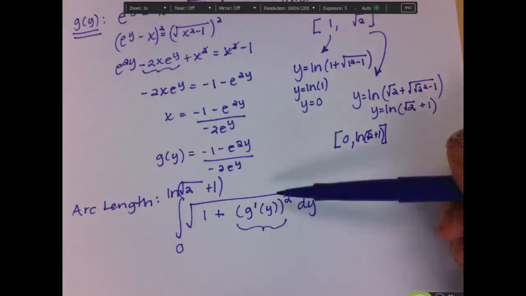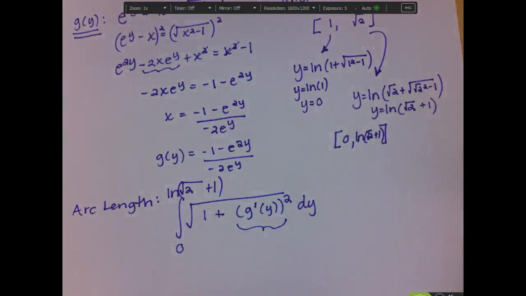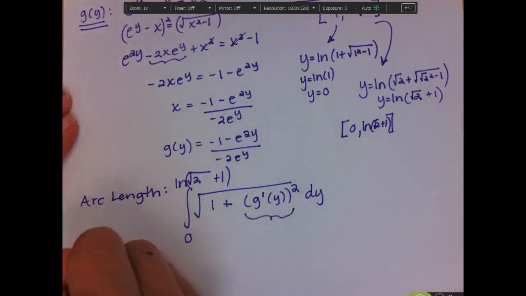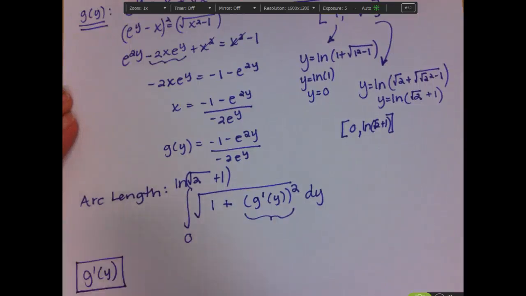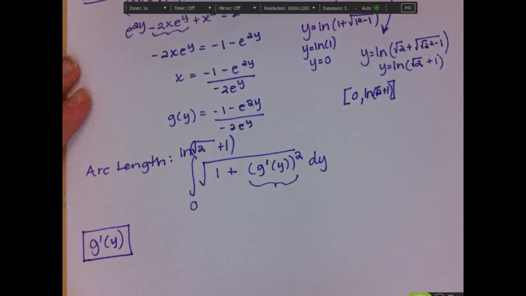Once I do that, I'll plug it back in here, add the 1, simplify, and take the square root of the whole thing. It's certainly not an easy process, but we'll get to it. So let's work on just the g prime of y part first. Let's isolate that step, do it to the side, and then we'll plug it back in.